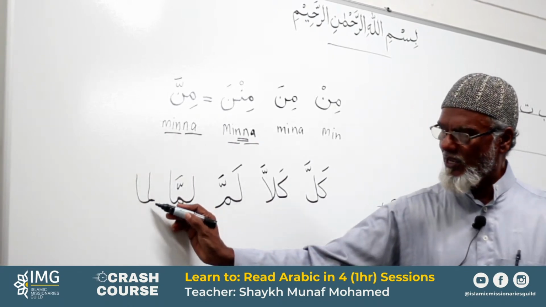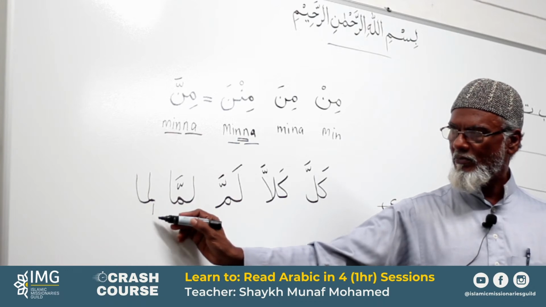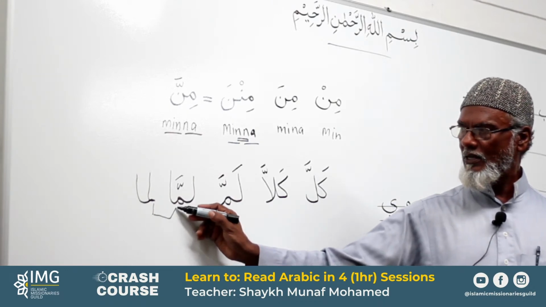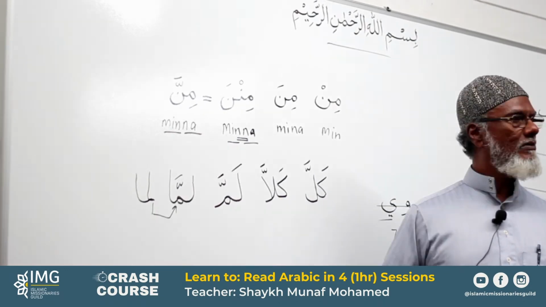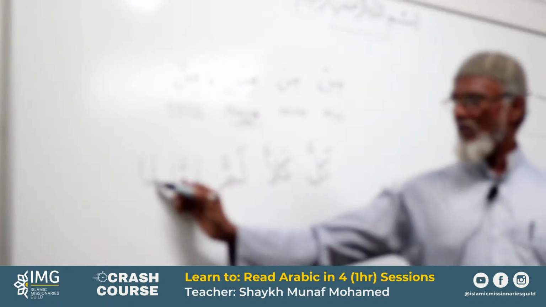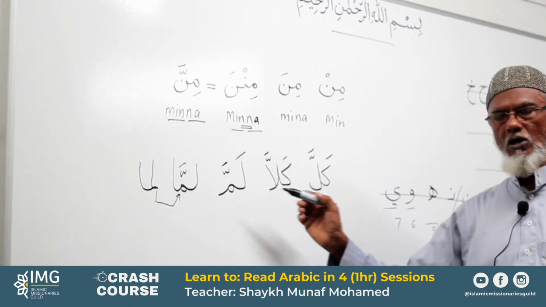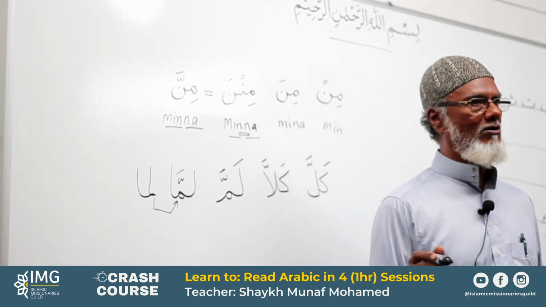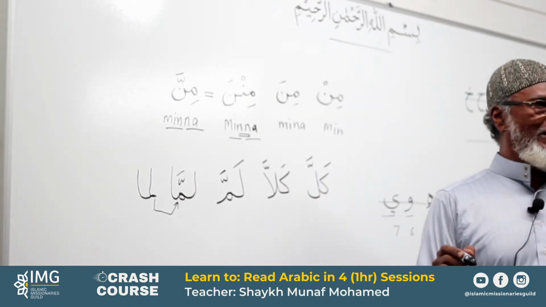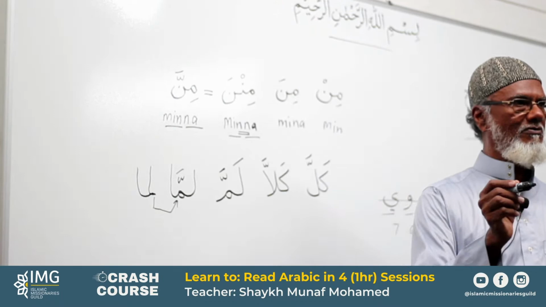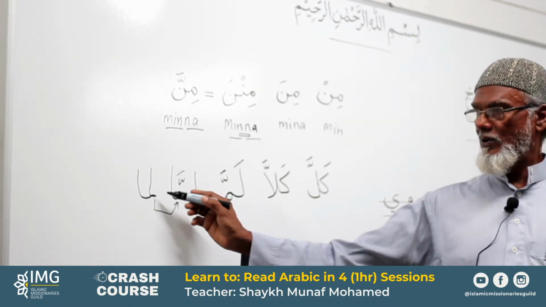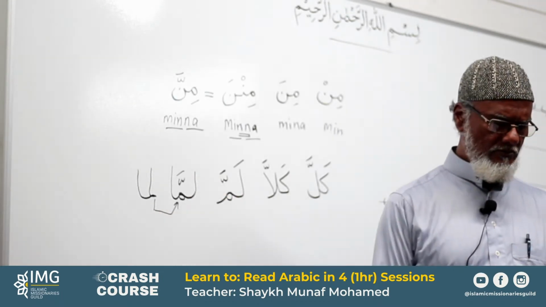So this little thing here, because you went backwards, that is a mim. Same thing like this. This little thing here is mim, because you went the other direction. It's a simple rule of Arabic writing.